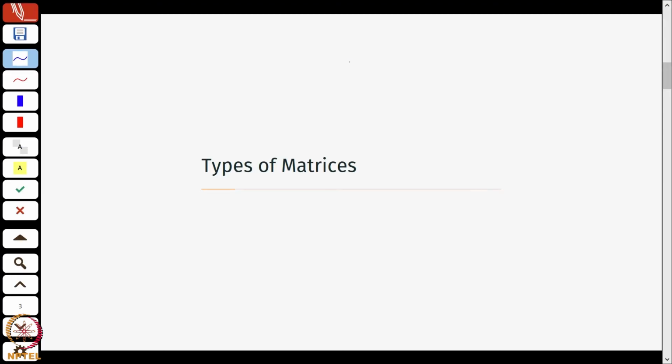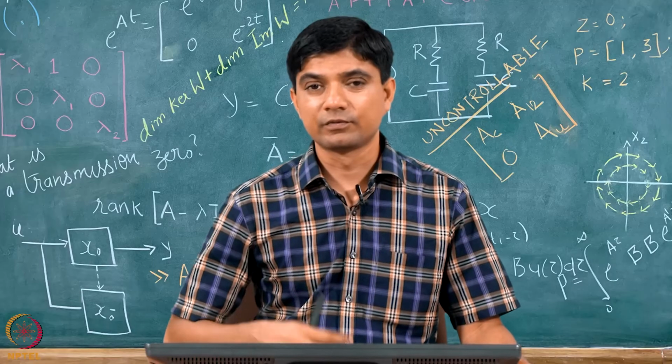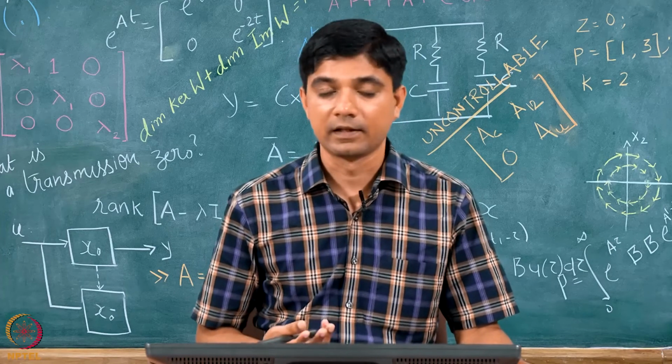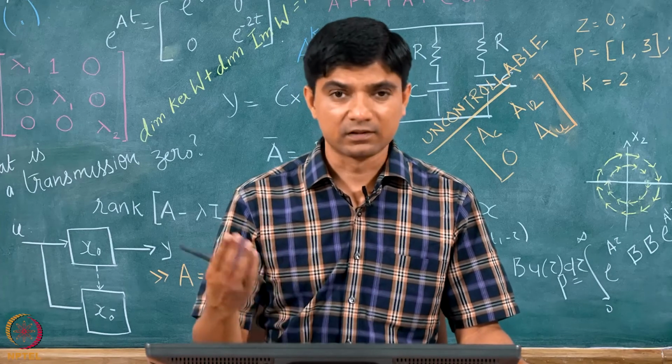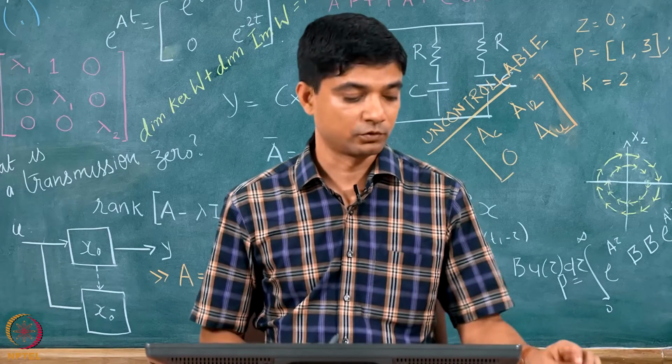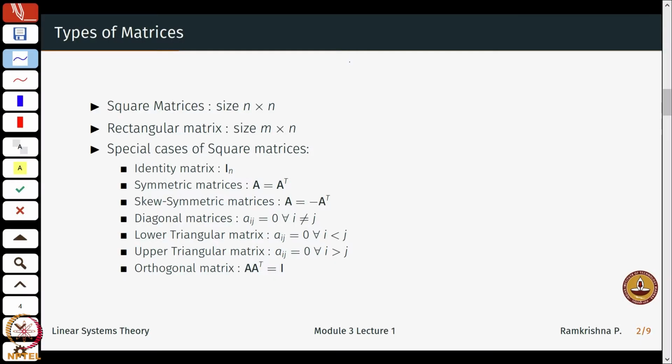First, we will just look at some very basic types of matrices. Much of this would not be surprising to you, some of them might even be intuitively clear. So, we just run through those definitions to make the course a bit self-contained. We all know about square matrices, where the number of columns and rows are the same.